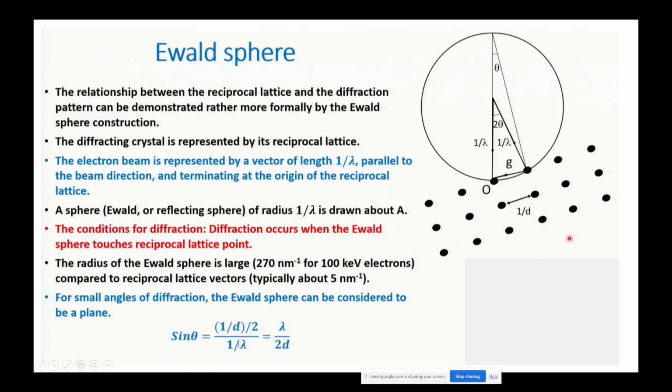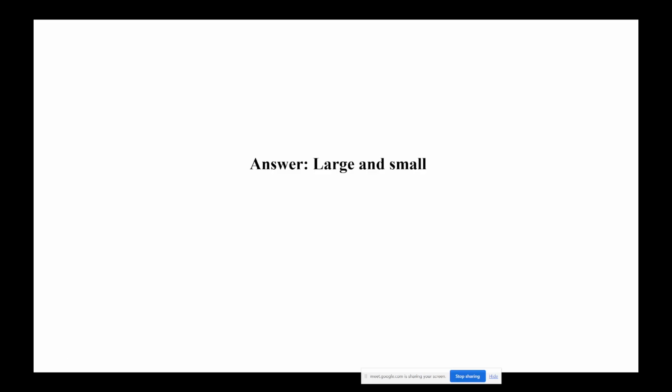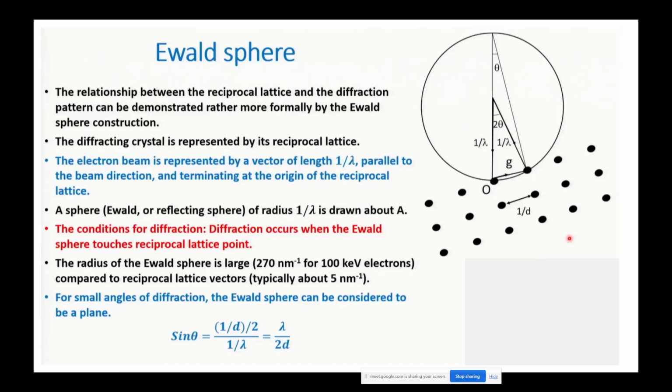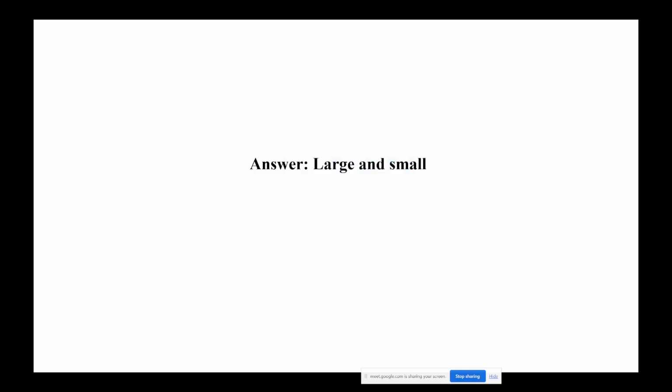Watch here: when your radius increases, your diffraction angle will decrease. So it is large and small. The more the radius, the smaller your diffraction angle will be. So yes, you are right, large and small.